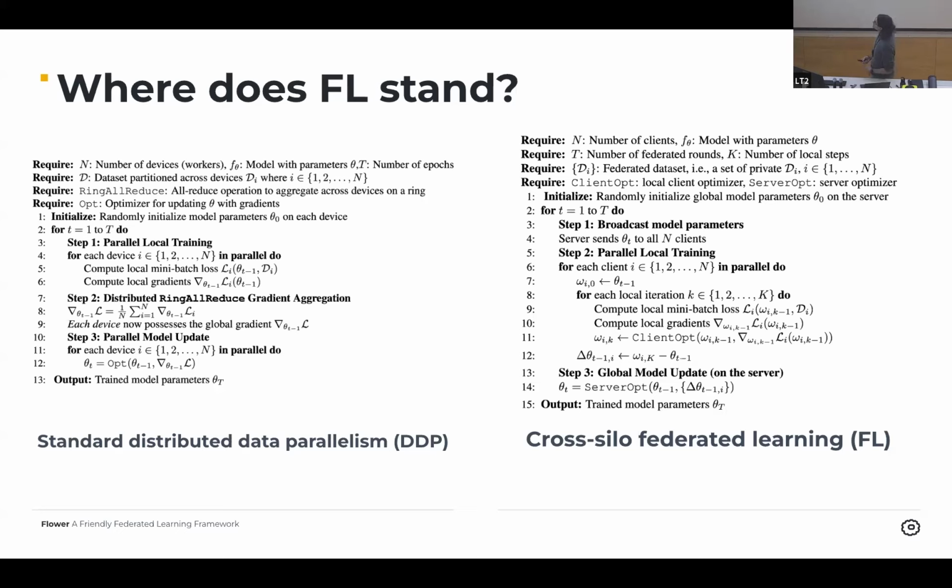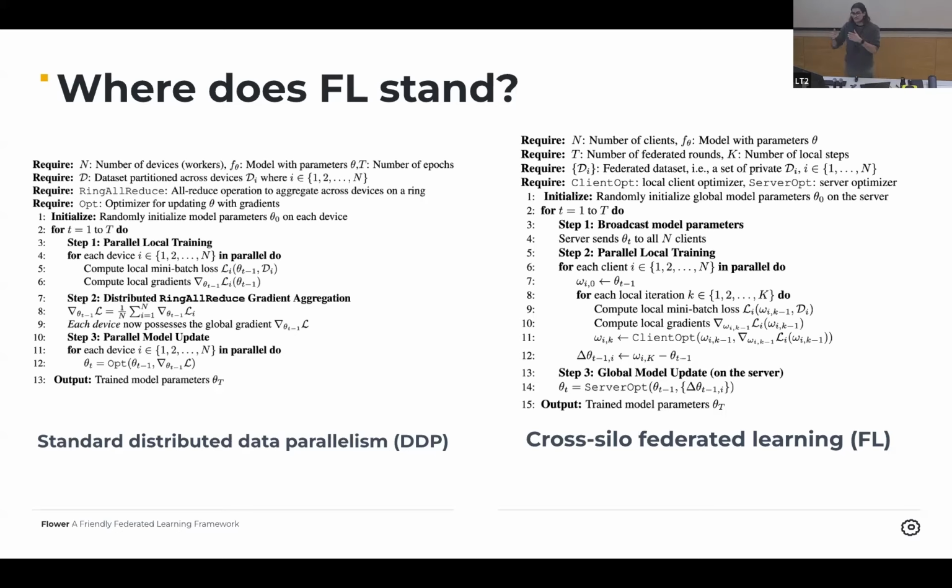For example, we can assume that our clients are like the workers of distributed data parallelism, and we can assume that the data shard that each of the workers sees in the DDP context is kind of equivalent to what a client has in federated learning.